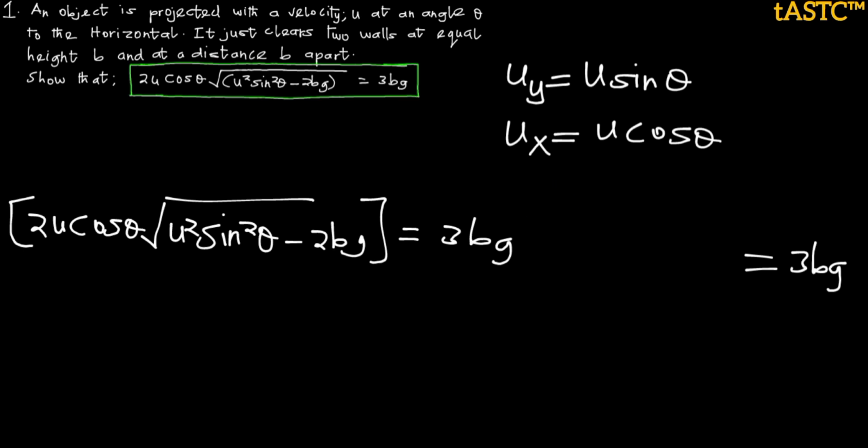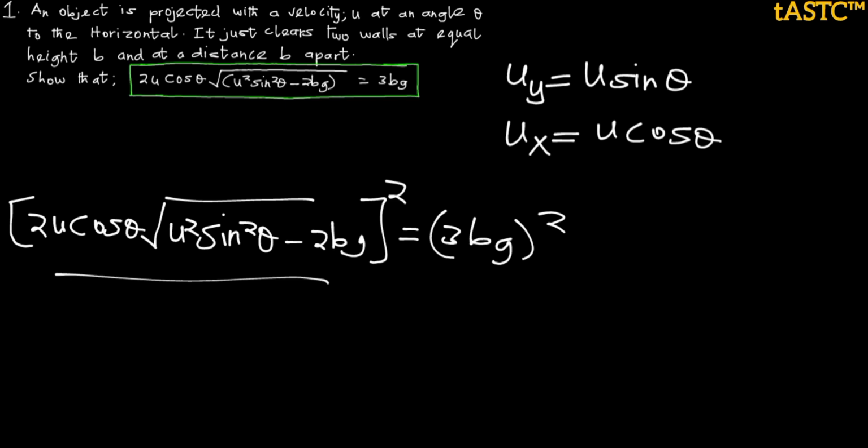I'm going to take this one out now. So this will be squared and this is going to be squared also. If we did that, we need to apply the square to each term within this bracket. So that is going to be 2 squared, giving you a 4, then u squared, and we're going to have a cosine squared theta.